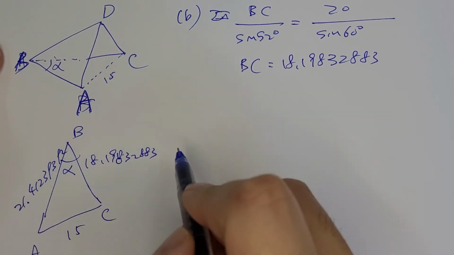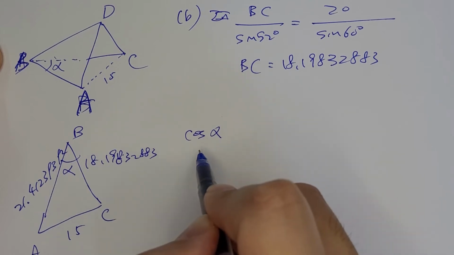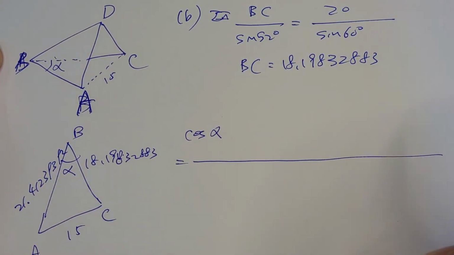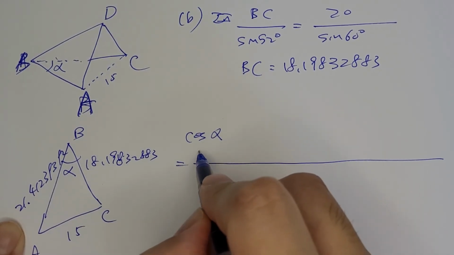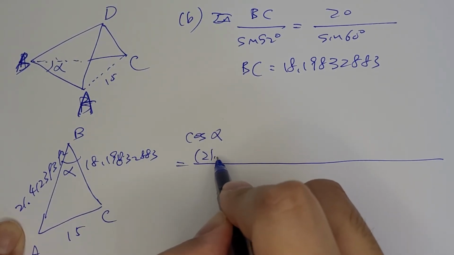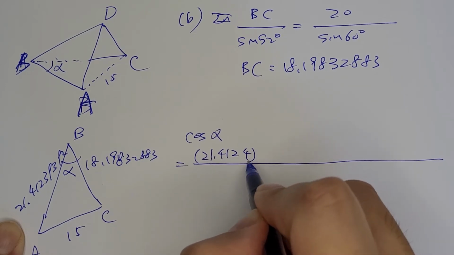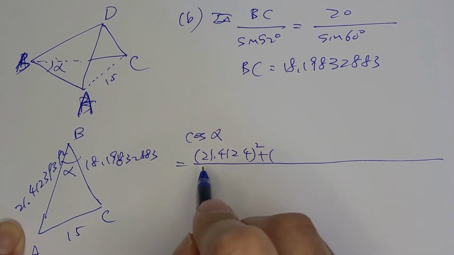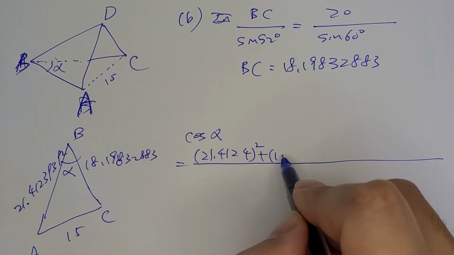Okay, then go to this one. You can apply the cosine rule, right? Cosine alpha can be written as the sum of squares of these two sides. And you can write out 4 decimal places, it doesn't matter, it's just the presentation. But during the calculation in the calculator, you need to use all digits, okay?